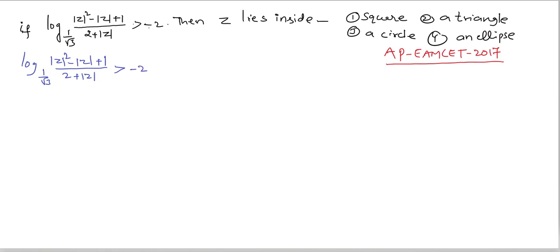So cancelling the logarithm, that is mod z square minus mod z plus 1 by 2 plus mod z, which is greater than 1 by root 3 whole power minus 2.